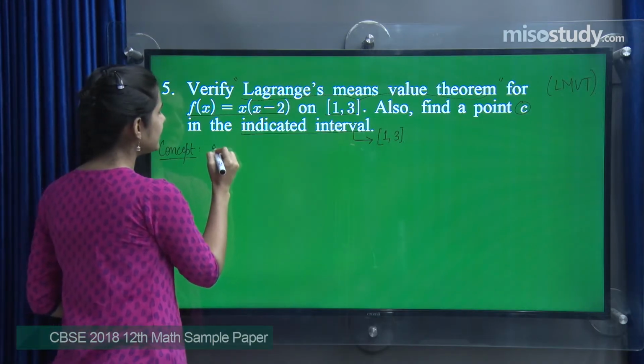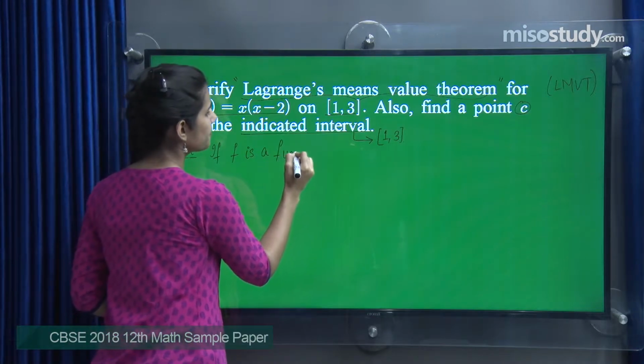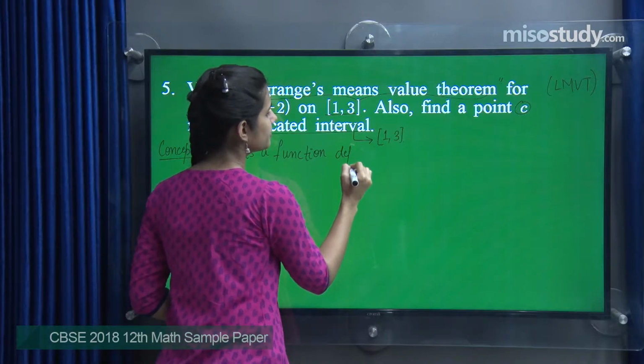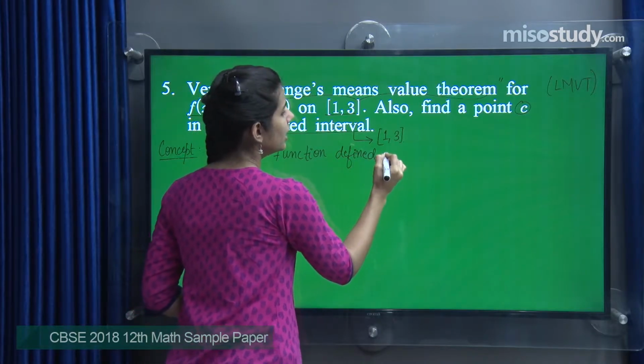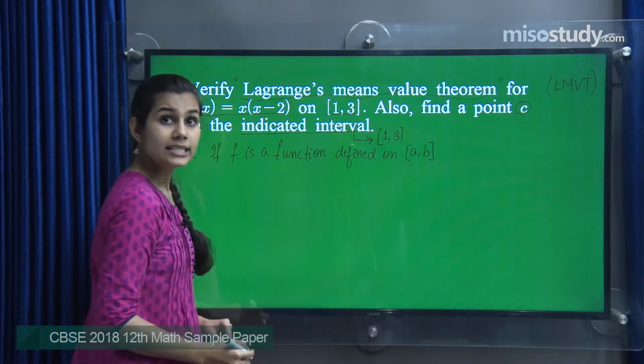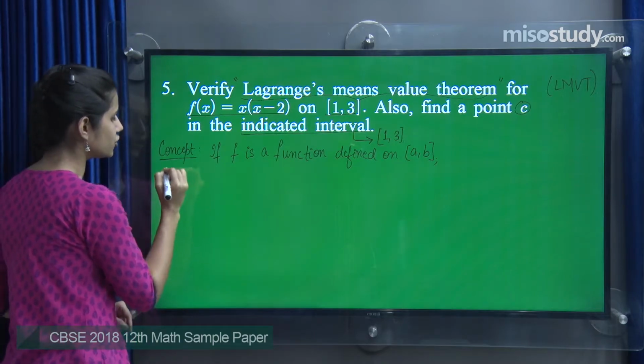What does it say? It says that if f is a function defined on a closed interval AB such that it satisfies two conditions.